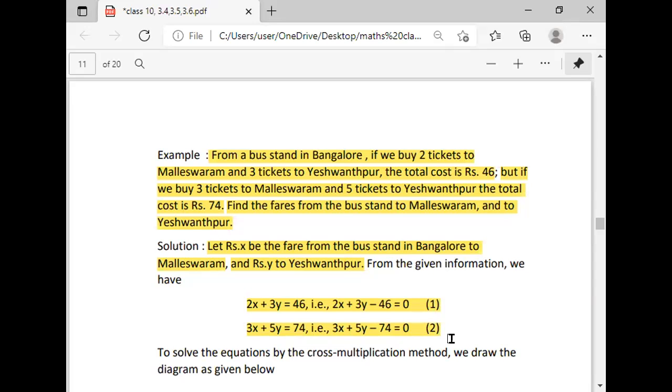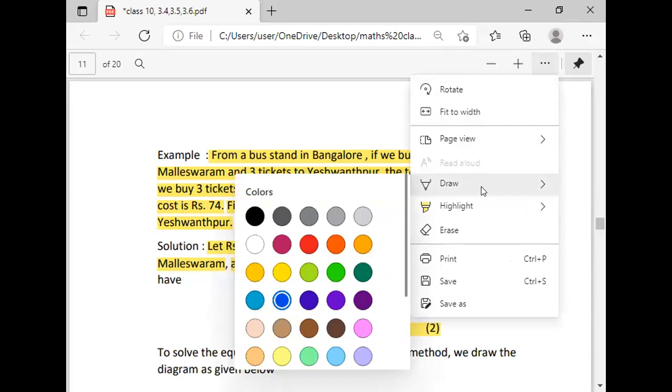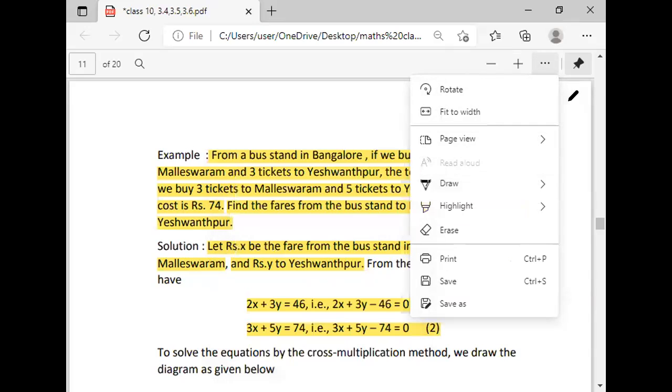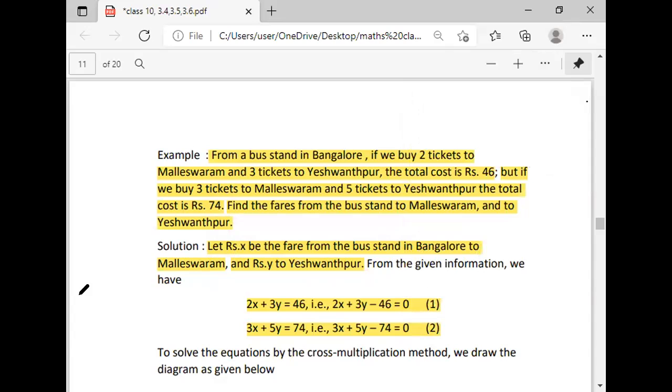Now we are going to draw the diagram. I think it will be better if we just write it. I'm writing x.